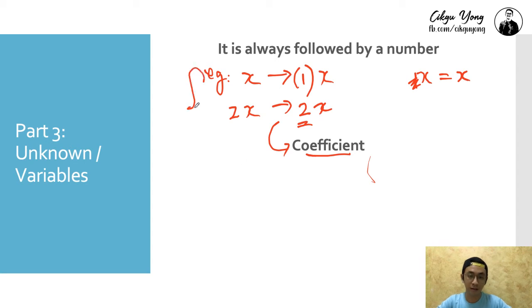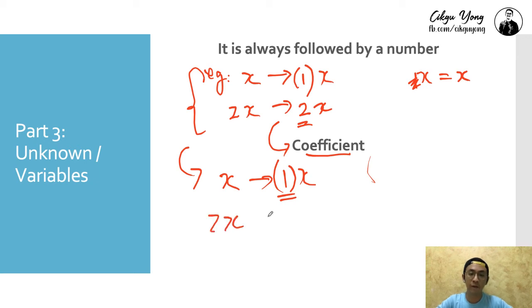So again, I'll get this example. So X, the coefficient of X, since there's only X here, you can assume there's a hidden 1 in front, and thus coefficient would be 1 for 1X. For 2X, the coefficient of 2X, you just disregard the unknown.